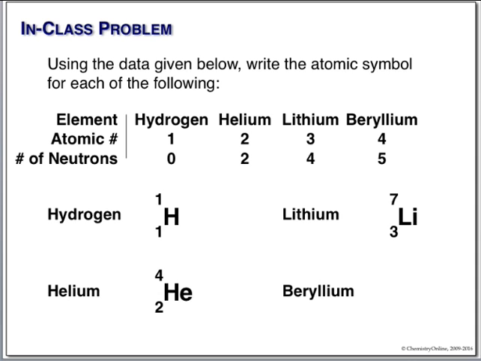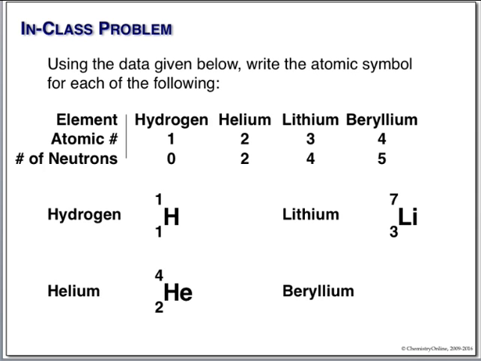So the atomic number is the proton? Now the atomic number, that's the number of protons in the nucleus. I know, but where are you getting the other 2 protons? Because we have the neutrons. 2 protons, 2 neutrons, 2 plus 2 is 4. Oh, because it says atomic number here. That's number of protons.